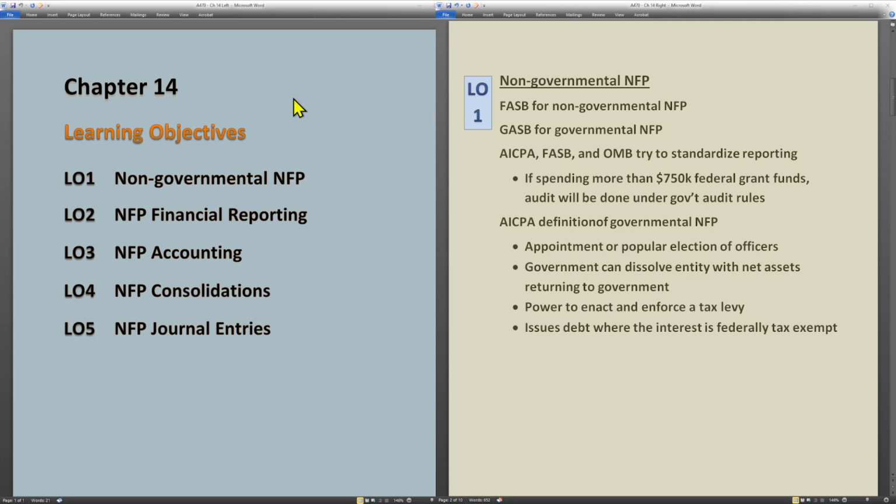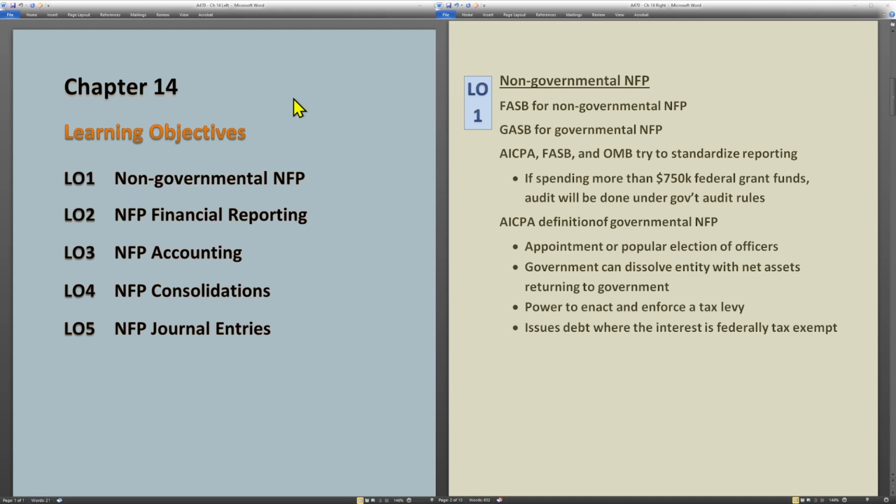Okay, well, let's start off with our definition for non-governmental NFP. So there are not-for-profits that are government-based or government-sponsored, and then there are ones that are more, for lack of a better term, non-governmental. In fact, the AICPA focuses on the definition of a governmental not-for-profit, and then says if you don't meet that definition, then you are a non-governmental NFP.